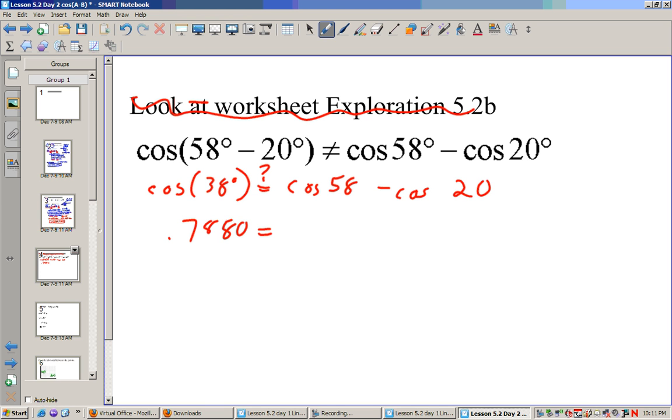Cosine of 58 minus cosine of 20 is negative 0.40977. Obviously not correct. So these are not equal statements. So we can't just use the distributive property with cosine.